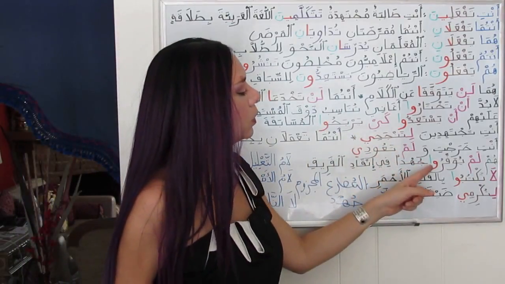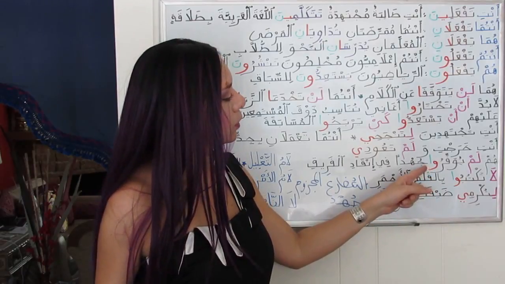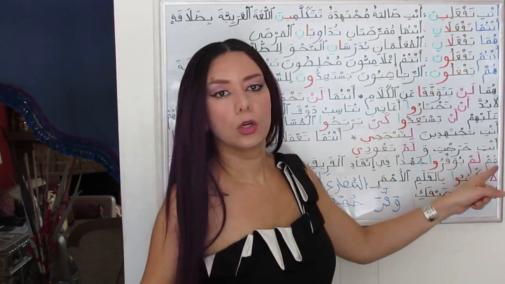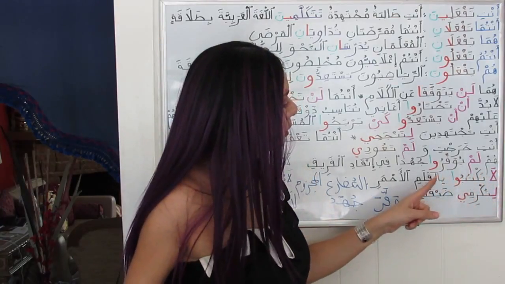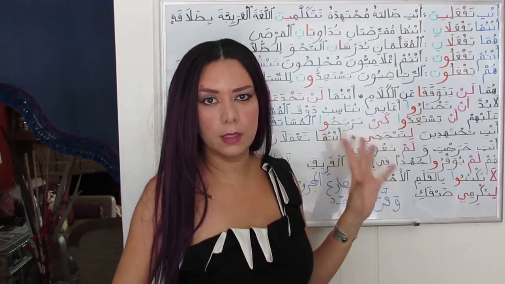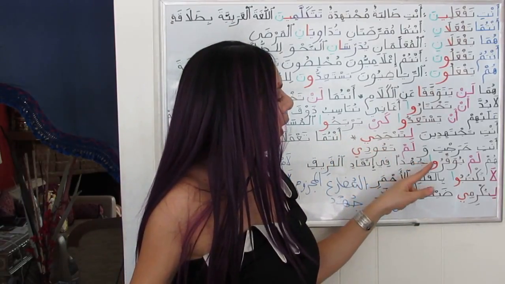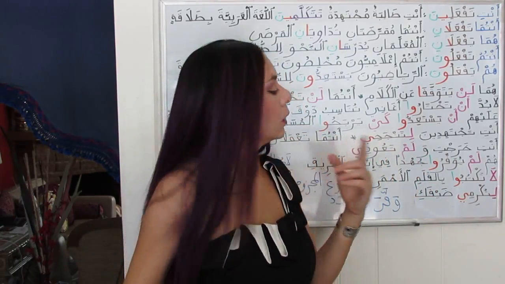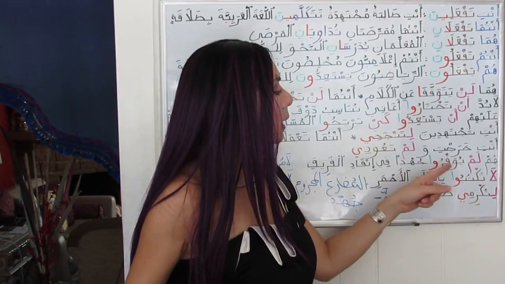So the waw represents the subject, which is هم, the third person plural masculine, and the noon is gone because it is in the jussive mood, and we have a replacement with the alif, the unpronounced alif. لم يوفروا.